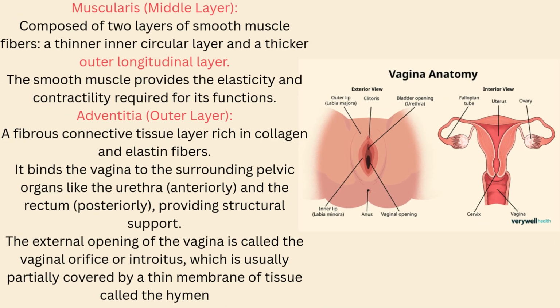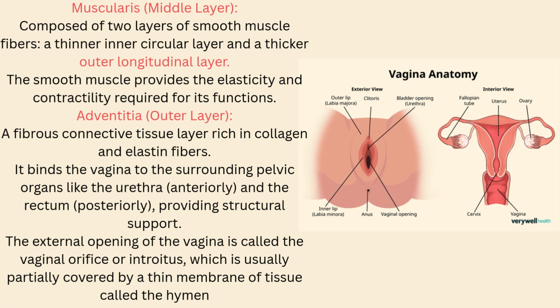The mucosal epithelium is stratified, non-keratinized, and stores glycogen. There is no gland, but the cervical secretion of mucus is received in the vagina. The opening of the vagina into the vestibule is called the vaginal orifice.